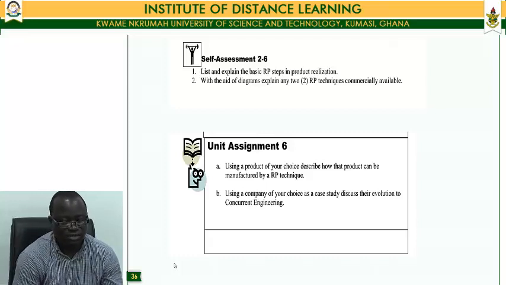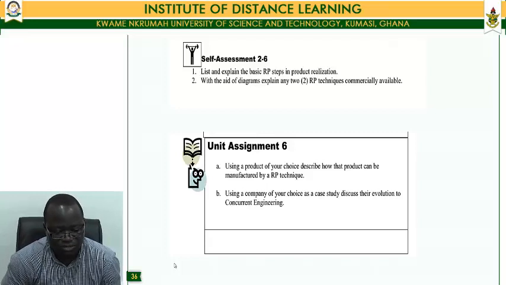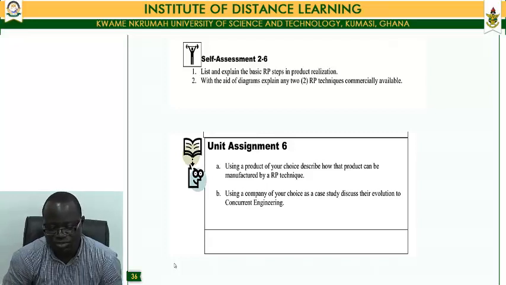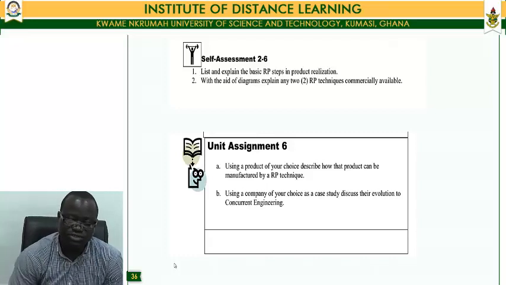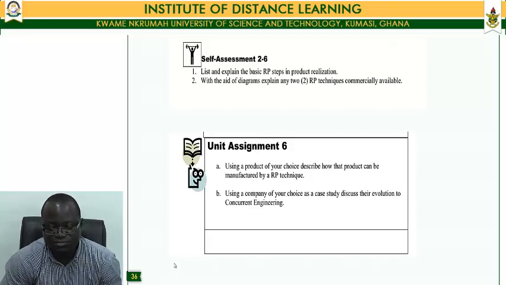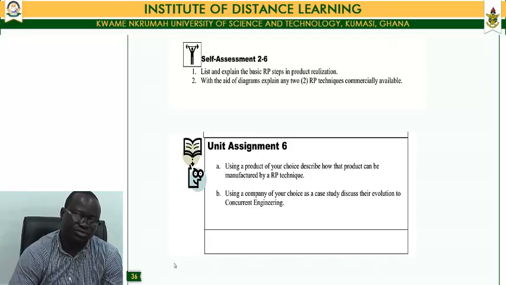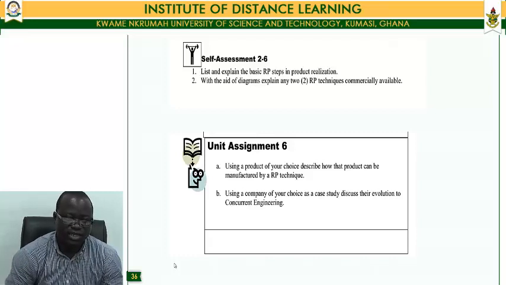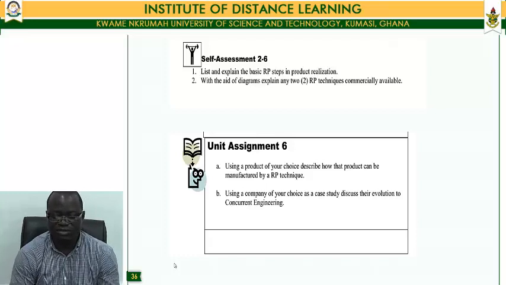Right. And then the second assignment is using a company of your choice as a case study. You discuss their evolution to concurrent engineering. That is, if you use any company, you look at their previous manufacturing processes and then what they do currently.